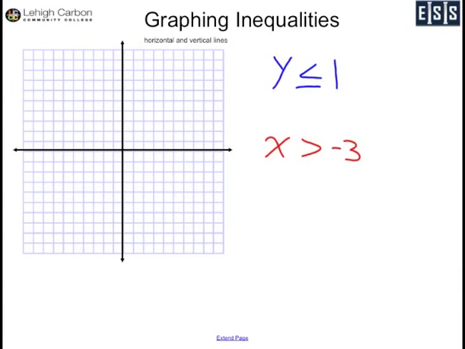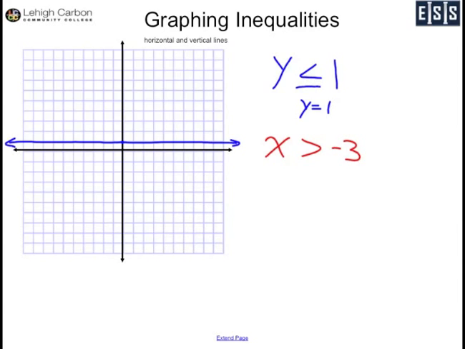And our last examples are with our special cases of horizontal and vertical lines. Our first is y is less than or equal to 1. So just like if this was y equals 1, I go to 1 on my y-axis, and then I need to draw my line. Since this was less than or equal to, it's going to be a solid line.